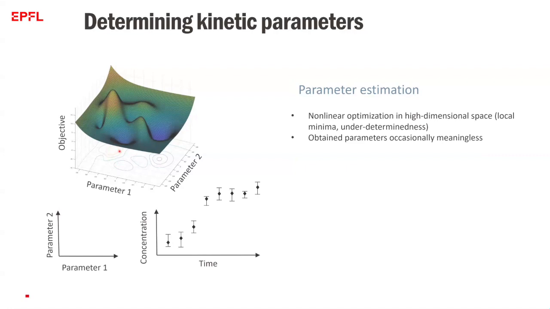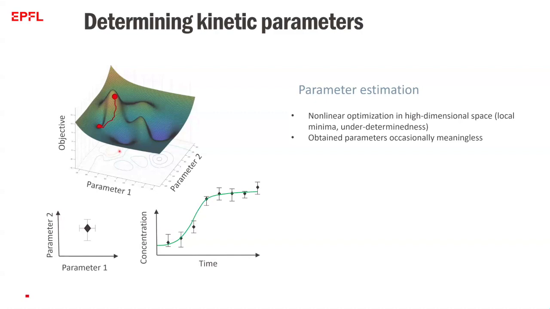However, the problem is that this is a non-linear optimization problem, so you might get stuck in some local minima. And second, sometimes certain parameters are occasionally meaningless. And as I said in the very beginning, it is very important, if you would like to propose to experimentalists that they upregulate a certain gene, that you have certainty about your predictions.